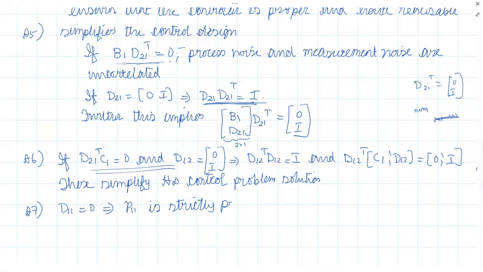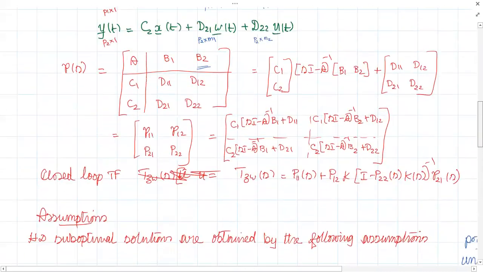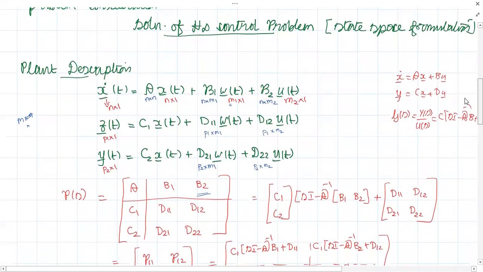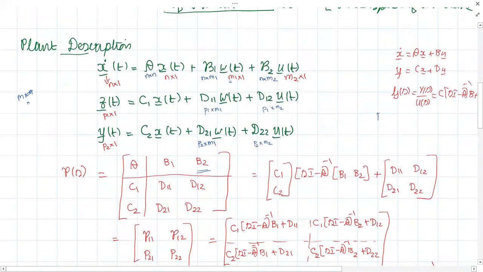Sir, B1 will be N cross M1 matrix and D21 will be P2 cross M1. B1 will be how much? N cross M1. Yes, B1 will be N cross M1, and D21 is P2 cross M1. So both of them have M1 columns, and D21 transpose will have M1 cross P2. So matrix multiplication will hold here. Come again, Venu.